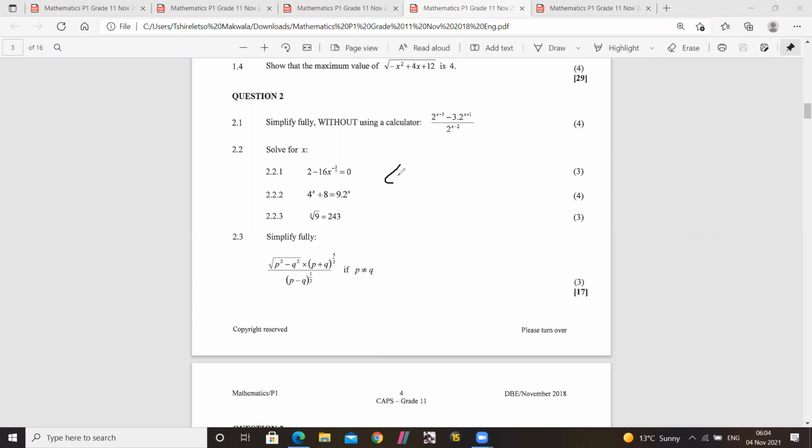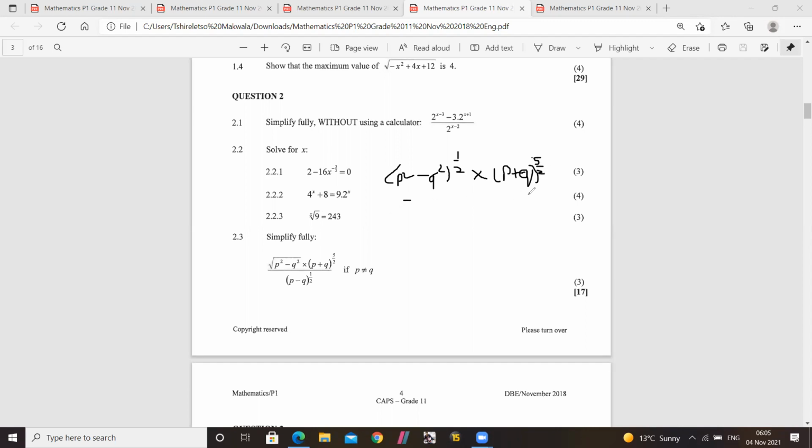So this is the same as saying p squared minus q squared, all of it to the power of half, multiplied by p plus q to the power of 5 over 2.